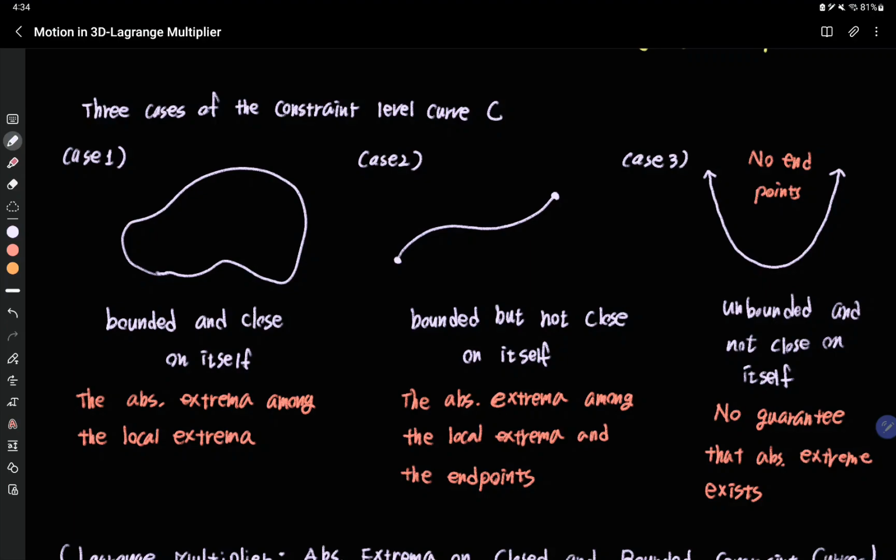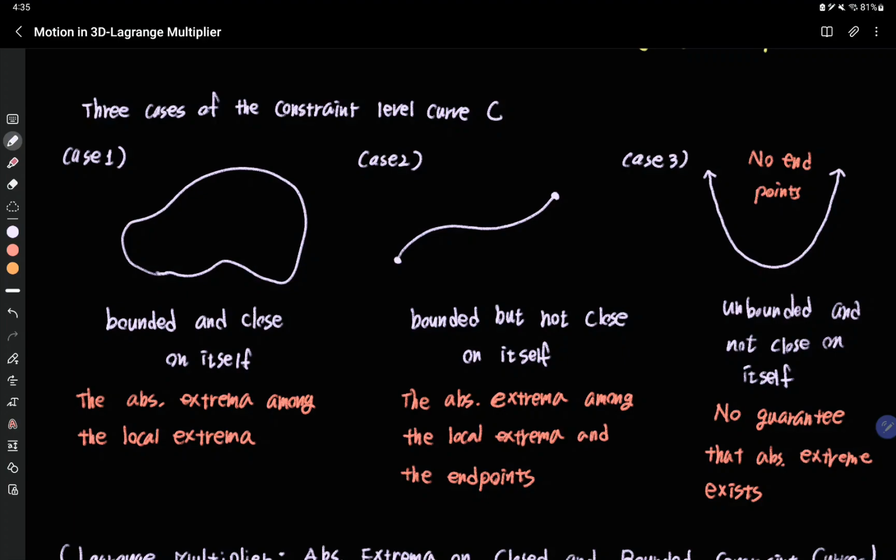Closed means that the starting point is equal to the endpoint. So definitely this is bounded and closed. In this case, the absolute extrema of function f are among the local extrema, which means that you don't have to evaluate function f at the endpoints.